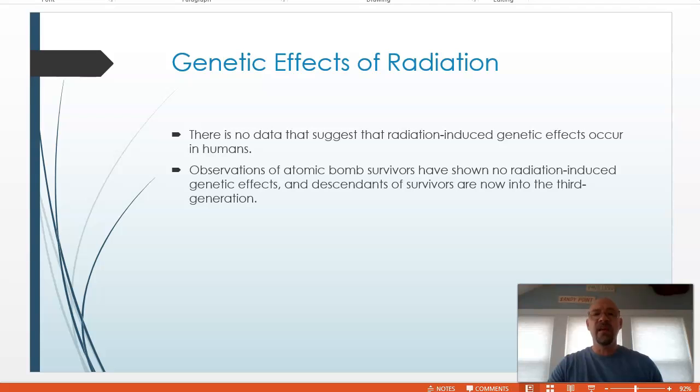And the best example of that is that we have followed those atomic bomb survivors from 1945, and we've followed their descendants throughout the years, and they have not shown any type of radiation-induced genetic effects. So as far as we know, we have no way of determining that there is a radiation-induced genetic effect from radiation exposure. So, interestingly enough.